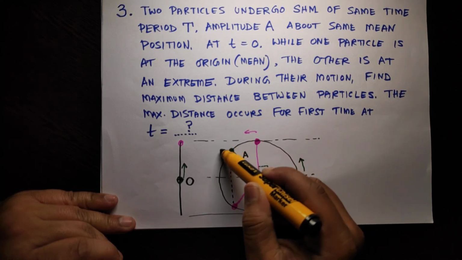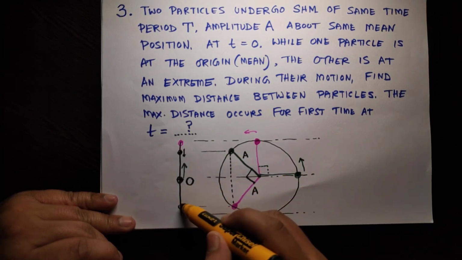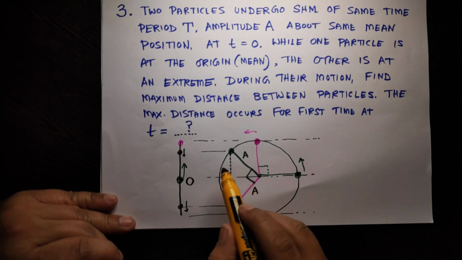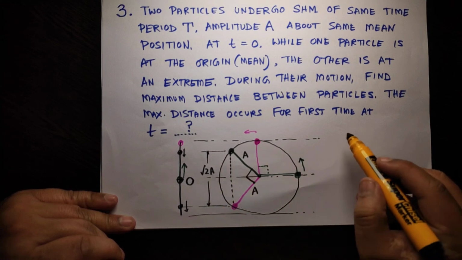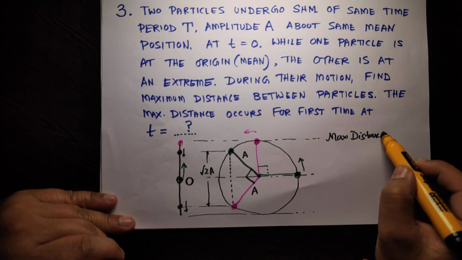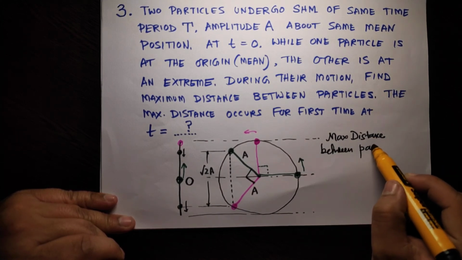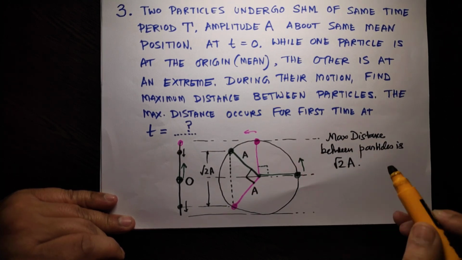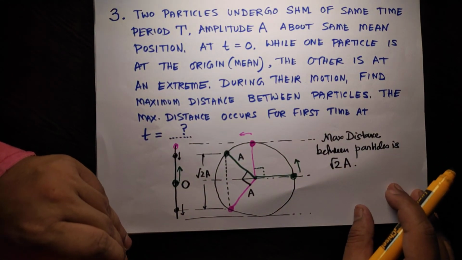Here this shadow will come going down, and this shadow will come going down. What is its value? It's root 2 A. So the maximum distance between particles is root 2 times A.